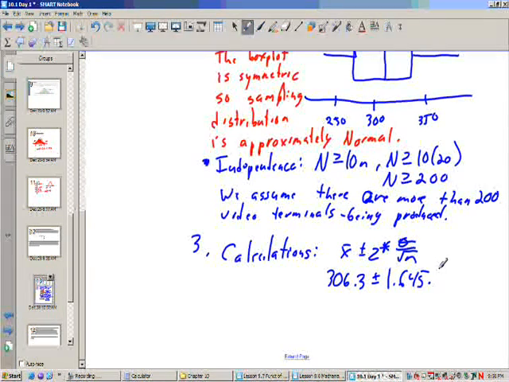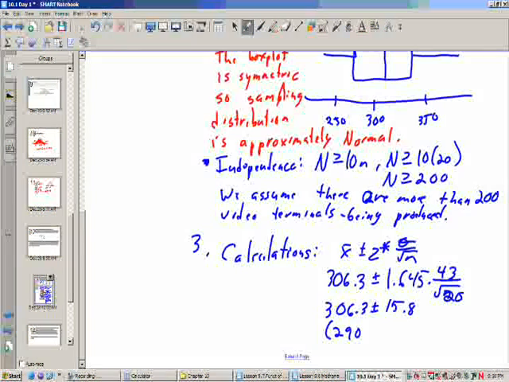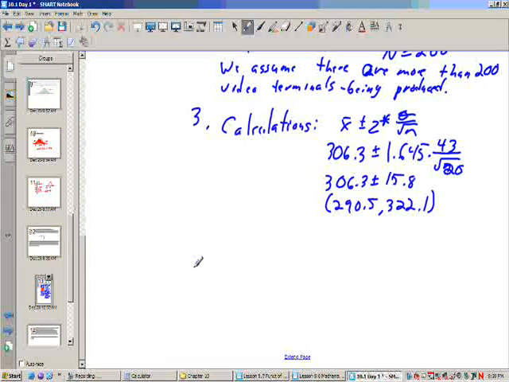Multiply that by our standard deviation over the square root of n, which is 20. And we'll get 306.3 plus or minus 15.8, which means that we have a range from 290.5 to 322.1.